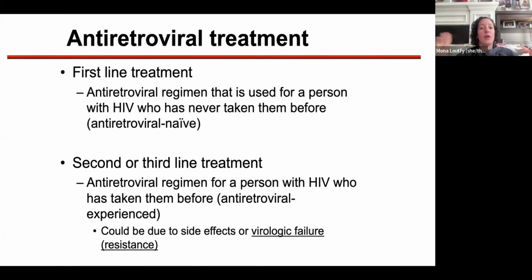They're on an antiretroviral regimen and their viral load is suppressed, and we're doing what's called a switch study. For example, we're doing one now where people are suppressed and we're going to test Cabenuva every 2 months versus a new formulation every 4 months. So those people are actually antiretroviral experienced. Do you see that? But it's a switch study. So it can be just that they're already on it, or it's due to side effects or virologic failure.